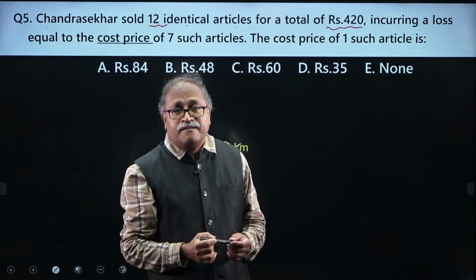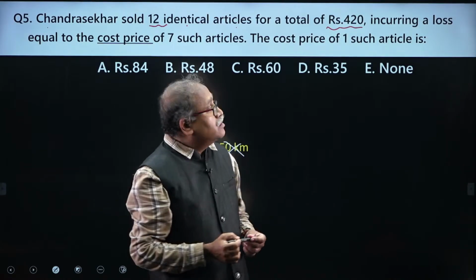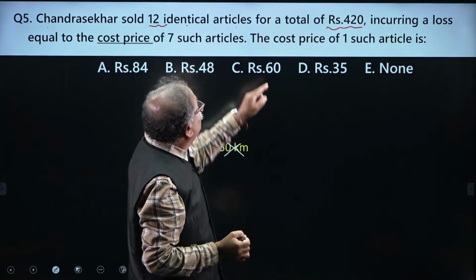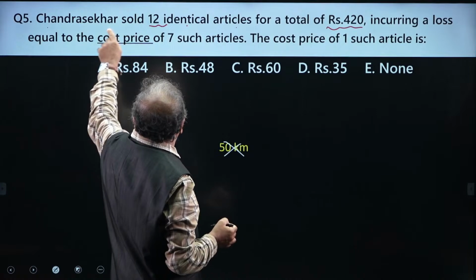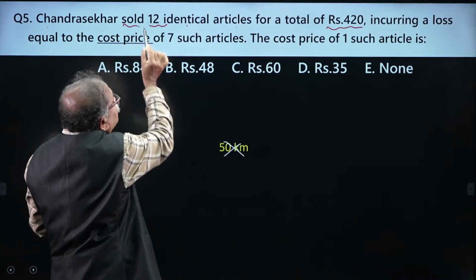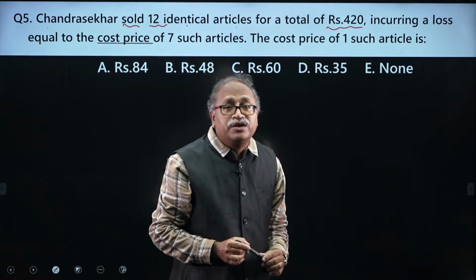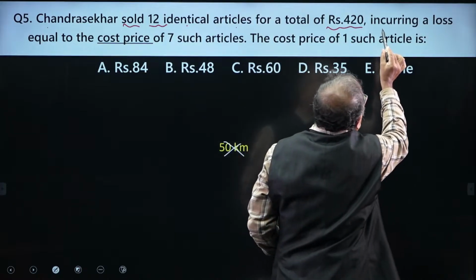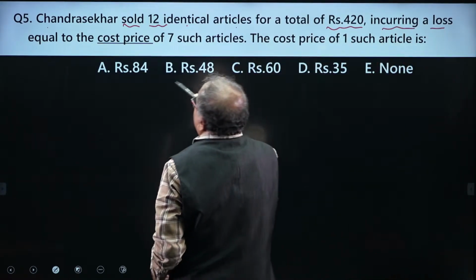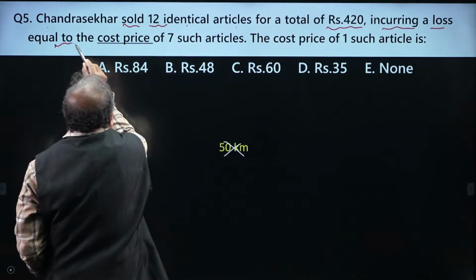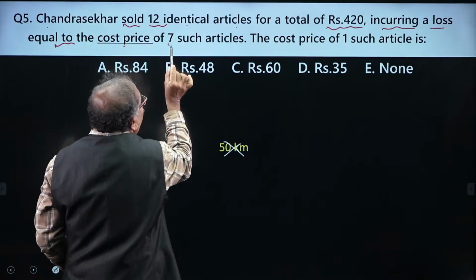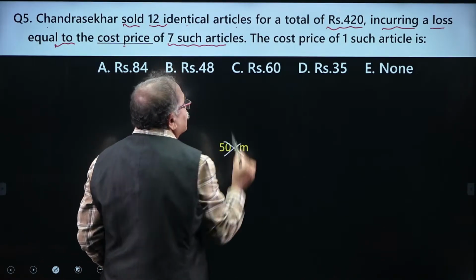So, the selling price of 12 articles is 420. Now, he incurs a loss which is equal to the cost price of 7 such articles.